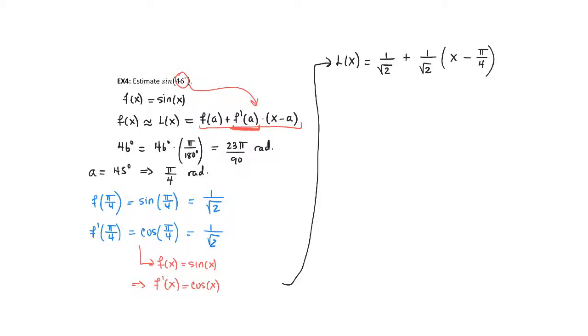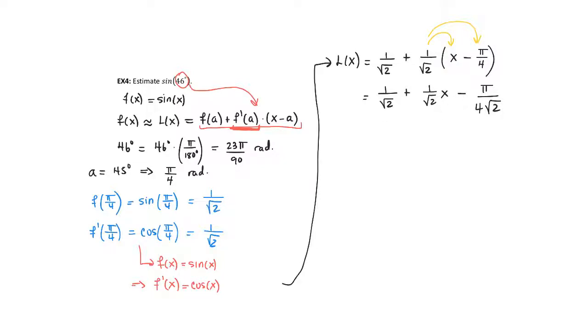Now in my next step, I'm going to go ahead and do my distribution. So then that means that we're going to have 1 over the square root of 2, plus 1 over the square root of 2 of x, minus pi over 4 square root of 2.